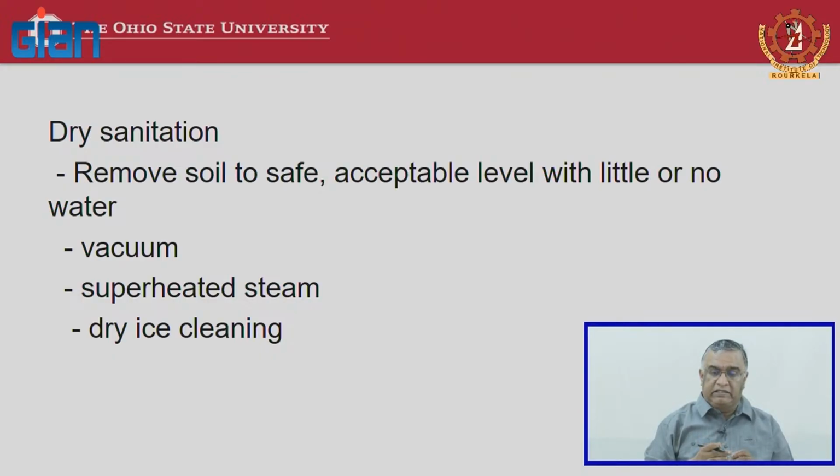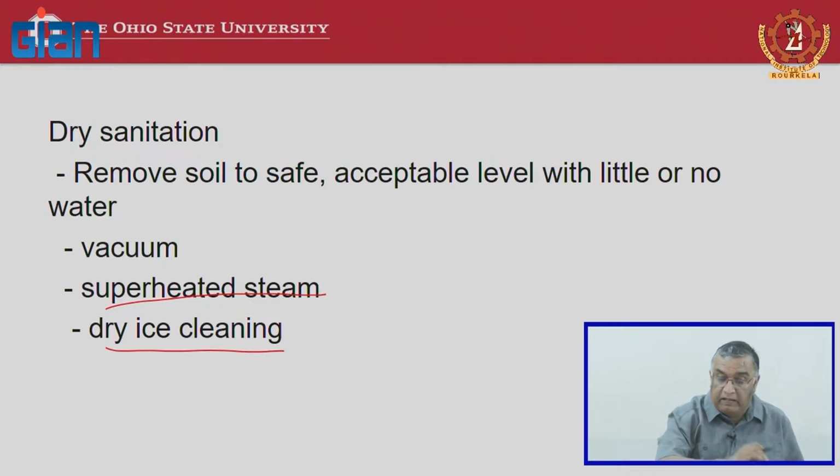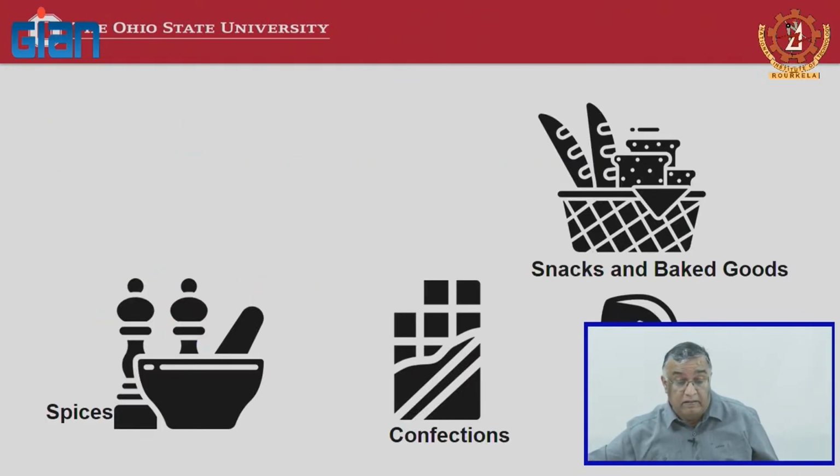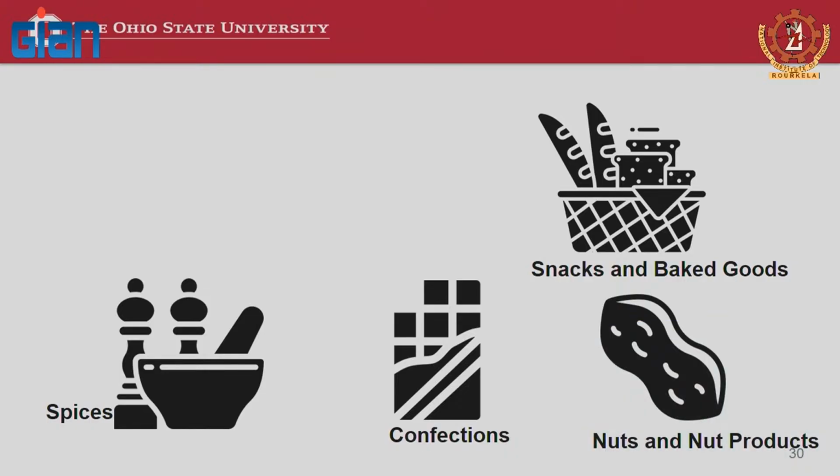So, we talked about dry sanitation, where in the environment you cannot use water, and under those conditions you may be using something called superheated steam or dry ice cleaning. Let us first talk about the dry sanitation environment.